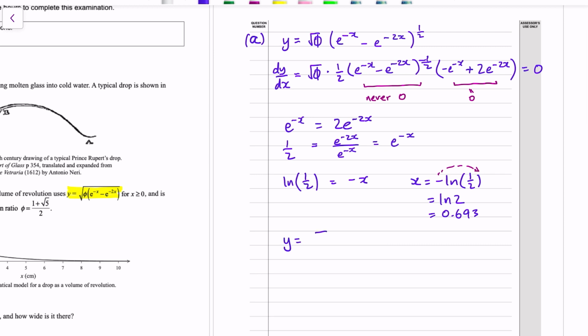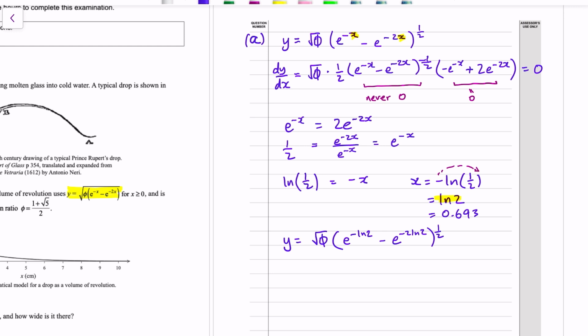So go back to our original function, root phi, e to the minus x, where x is ln 2, minus e to the negative 2 ln 2, all to the half. All I've done is subbed in the x value, ln 2, into x in the expression.